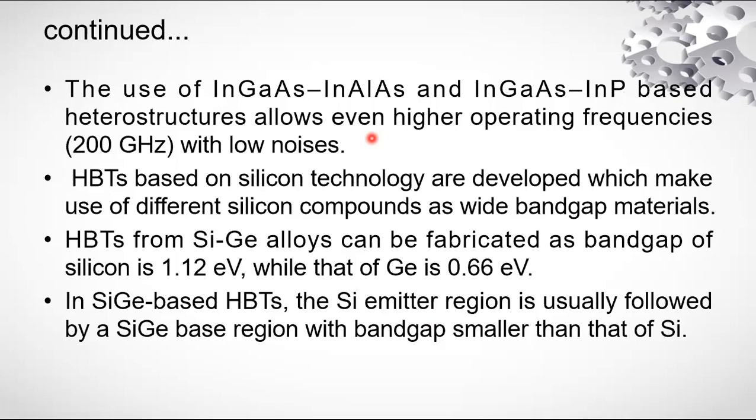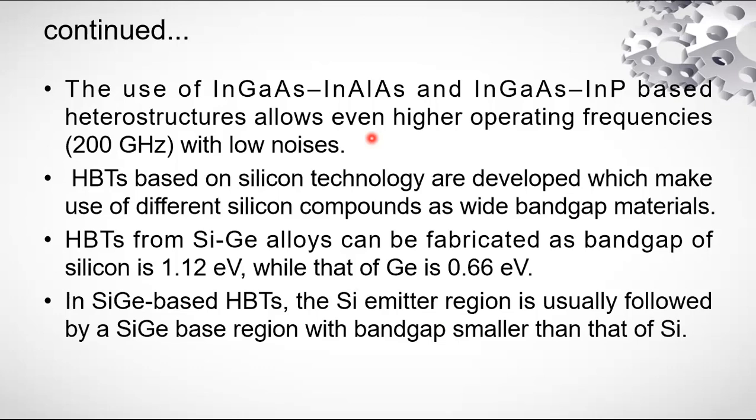In that case, how it is constructed is the silicon emitter region will be followed by a silicon germanium base region, so that the band gap of that silicon germanium base region will be smaller than that of the silicon emitter region. And we know that the band gap of silicon is 1.12 eV and that of germanium is 0.66 eV. Right.